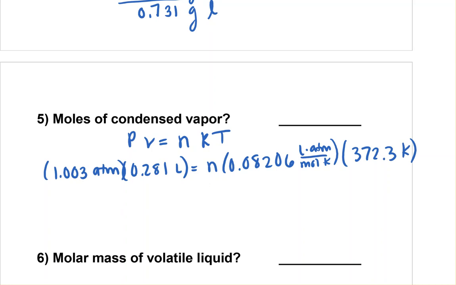Okay, and then remembering our algebra, to get n by itself, I'm dividing both sides by all of this.